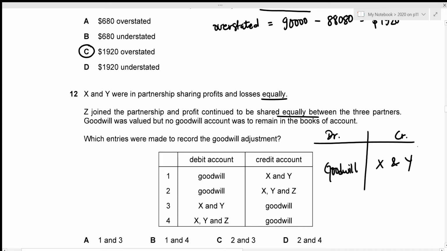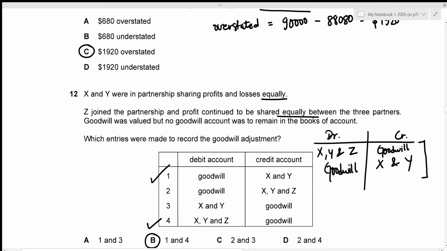Then for the new partner as well, Z, now we need to divide it on the basis of the new profit sharing ratio, right? And those goodwill values are to be recorded on the debit side. So that will be for X, Y as well as the new partner. And this obviously records our goodwill. So these are the two adjustments to be recorded. And that is given in 4 and 1. And 1 and 4 is given in option B. So that will be our correct answer.